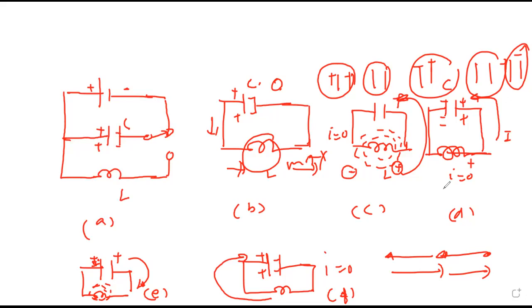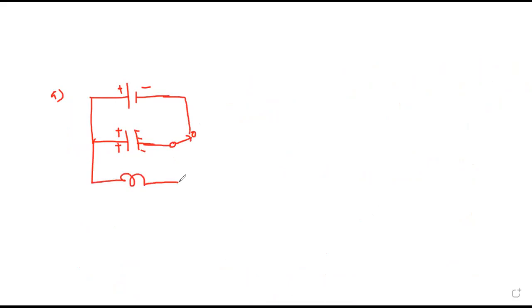Yes, sir. ठीक है, I'm drawing diagram now for you one by one. First one, when battery is charging the capacitor, left side plate positive because it is connected to positive terminal of the battery, and this is inductor not connected, kept open.